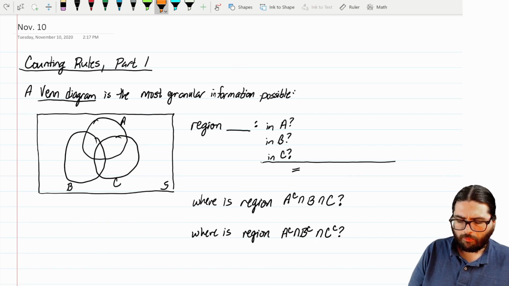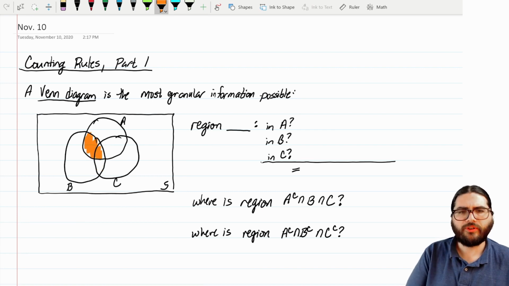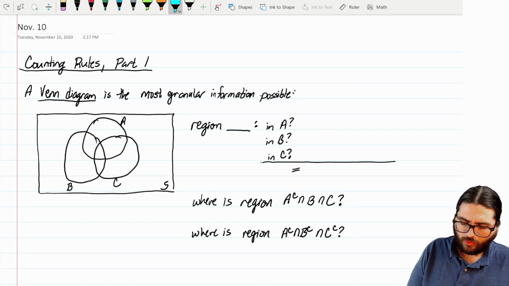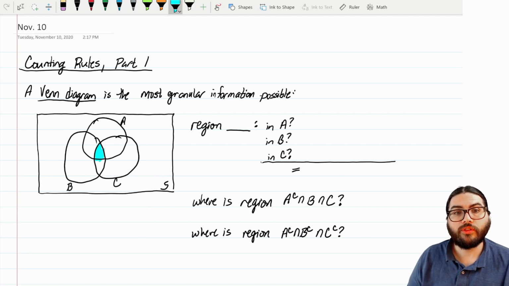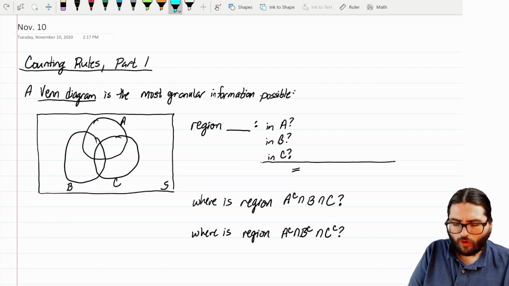And so maybe this little almond-shaped region, that's the intersection between set A and set C. This almond-shaped region here, that's the intersection between set B and set C. This almond-shaped intersection is set A and set B together. Of course, there's one region right here in the middle, which is the overlap between all 3 sets at the same time. Right? A Venn diagram tells us about all 3 sets in every single region.